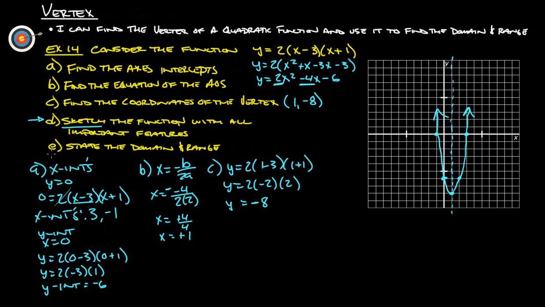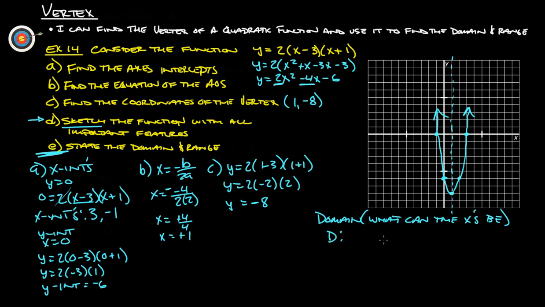Okay. Now, last part. Find domain and range. So remember, domain is what the x's can be, and range is what the y's can be. Okay, so let's do this for domain.